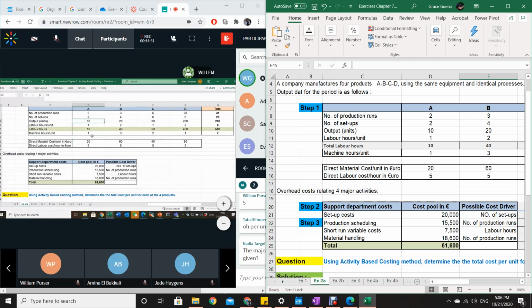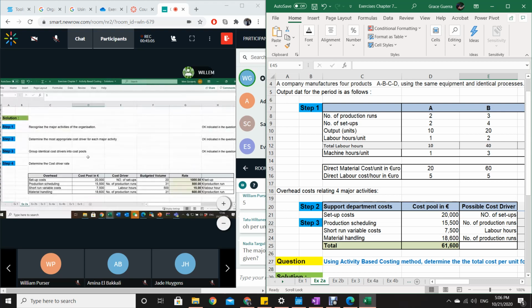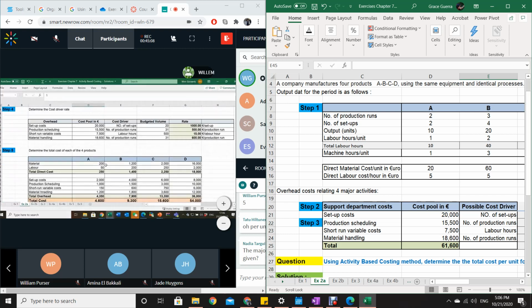Then we calculate the direct labor costs. The labor cost is, like we just asked, 5 times 1 hour times 10 pieces. So this is 50. What you can see here. So the direct cost is already decided, it's 250.